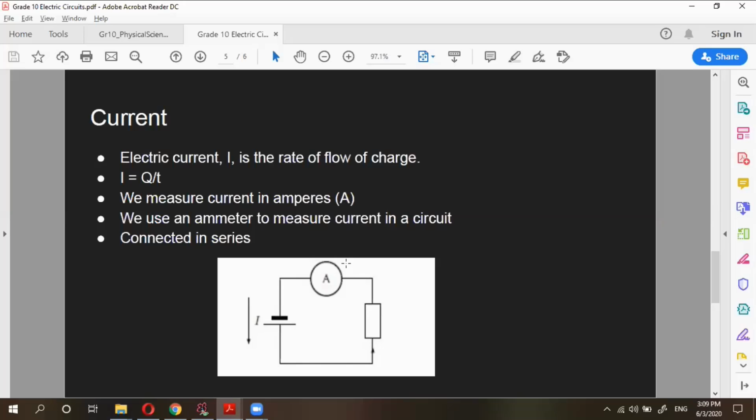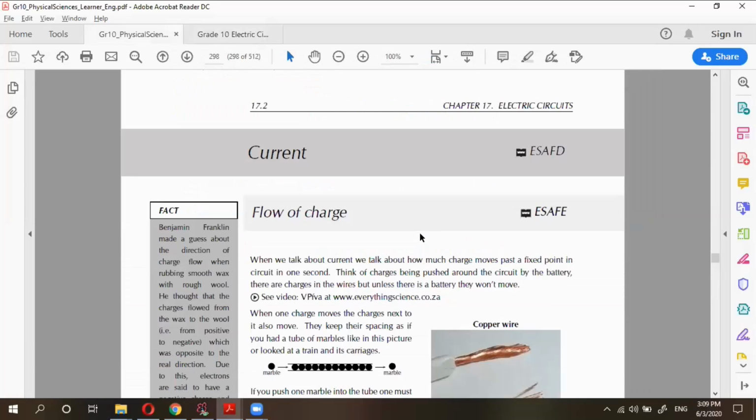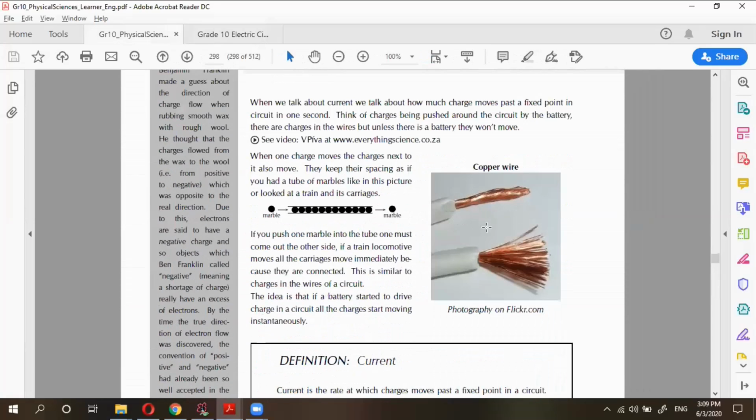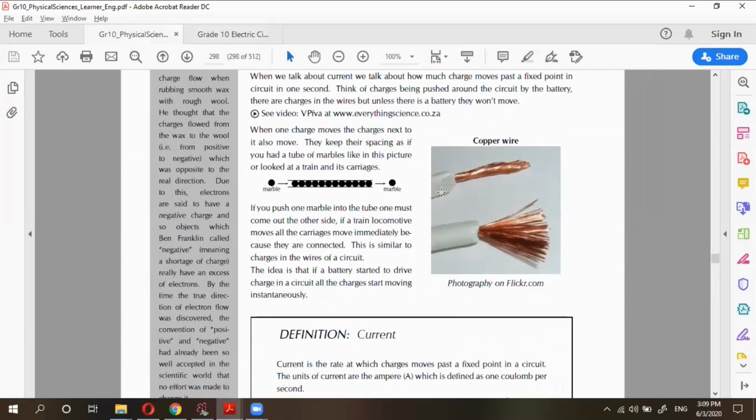It looks something like this in the textbook. Here we've got copper wire, with the insulated covering so that if you touch it you won't shock, but you will definitely shock if you touch the copper side, because current flows very well through copper wire.